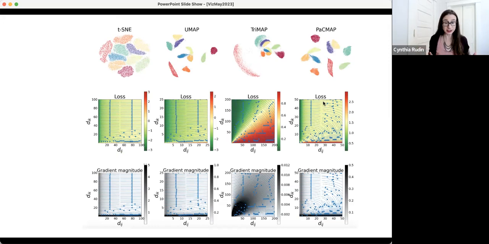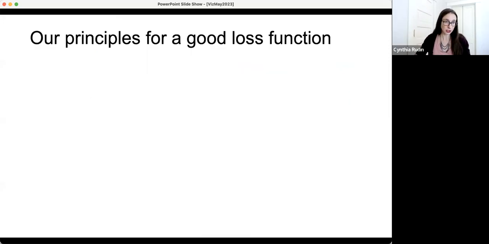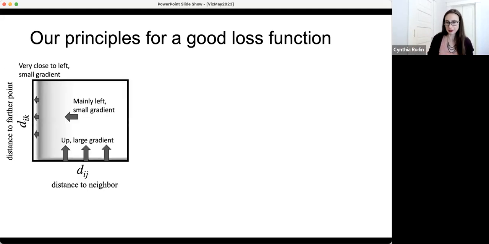Okay, so once we figured this out, we developed some principles for what a good loss function should look like for preserving local structure. I'm going to walk through the principles one by one, and I'll put the formalizations up, but if you want more detail, you can go to the paper. Basically, the principles are shown in this kind of diagram over here.